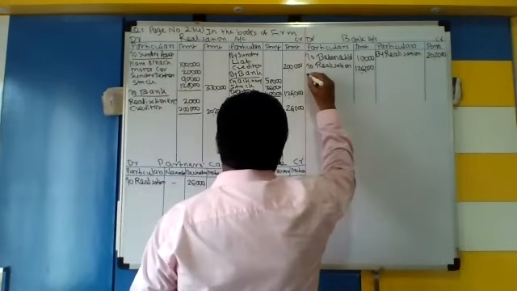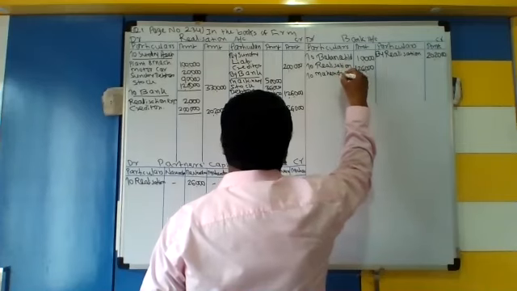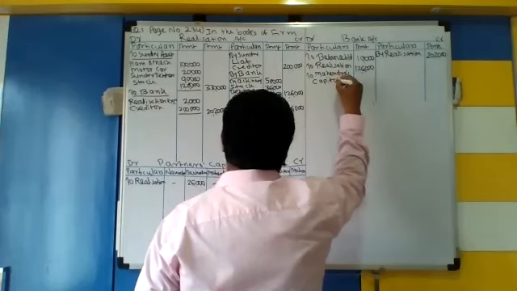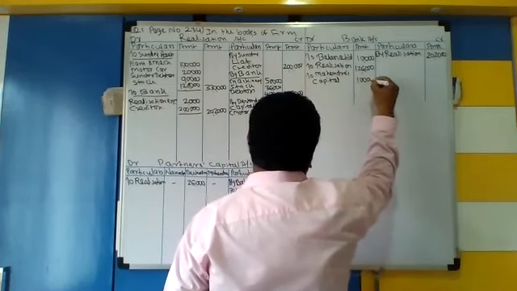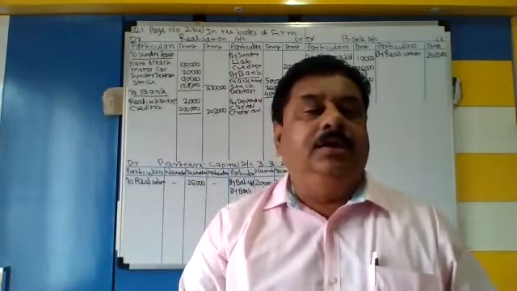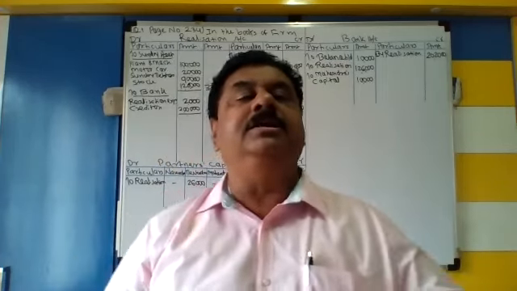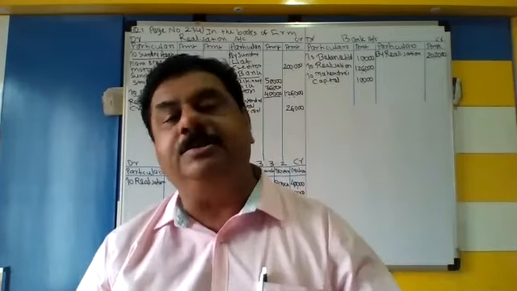By bank, to Mahendra's capital, the amount is 10,000. So this is the entry for the recovery. The recovery entry is always like this, whether it is one partner insolvent or two partners insolvent, all partners insolvent, whatever it is.